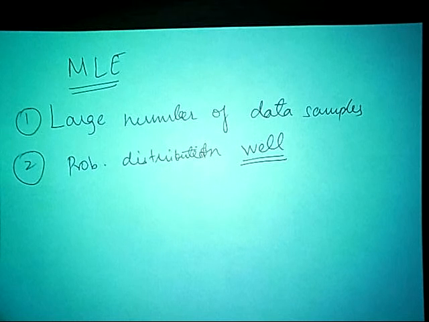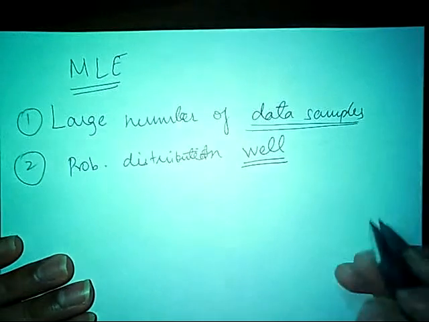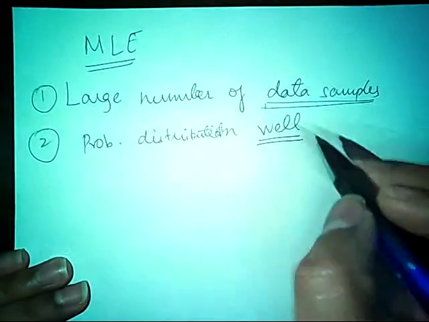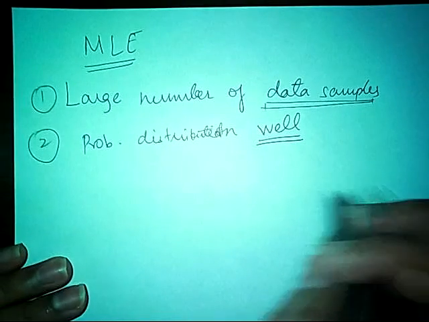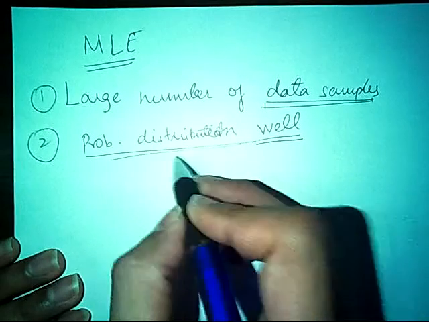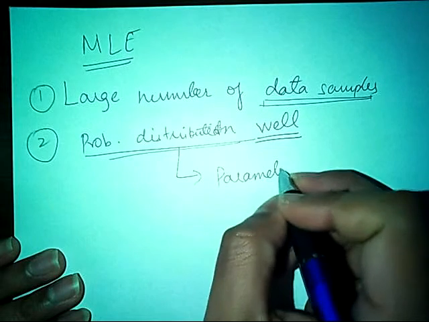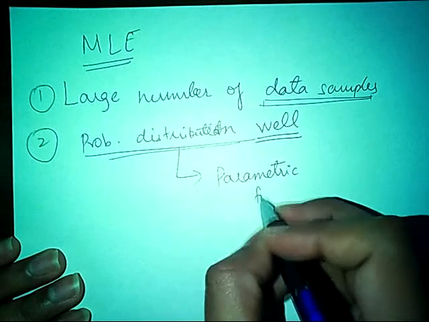So this is something that you have to be really careful about, and you also have to be careful that you have enough samples with which you can do the MLE estimation. And just remember that when I say that you know the probability distribution well, you should know the parametric form of the probability distribution.